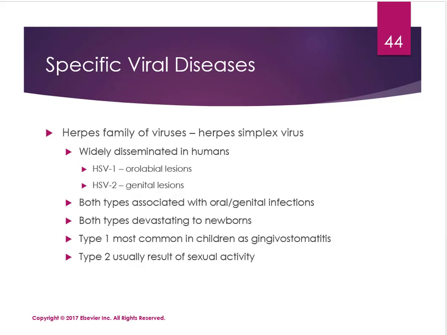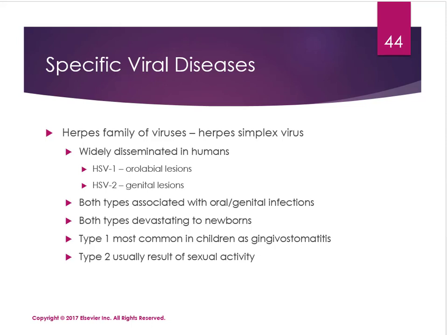Let's next talk about the herpes viruses. We'll talk first about the herpes simplex, and it's widely disseminated in humans. Herpes simplex virus 1 is usually oral labial lesions, and herpes simplex 2 is genital lesions, but both types can be found in other areas.